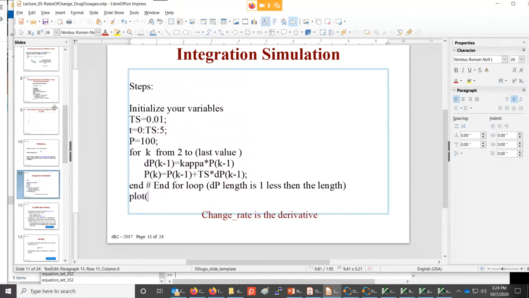So if you were to plot your derivative function here, you would plot t from 1 to n minus 1 and then dp, okay, to plot your derivative piece, because it's one less, but the population, the p-value is the same as your t.